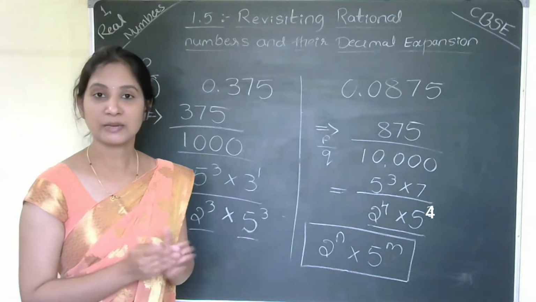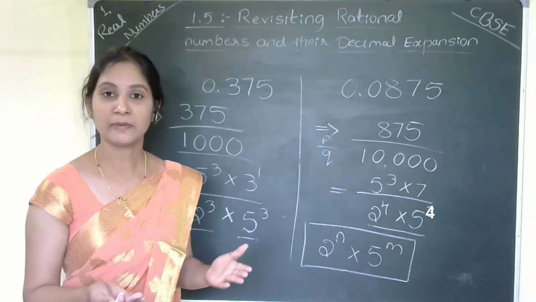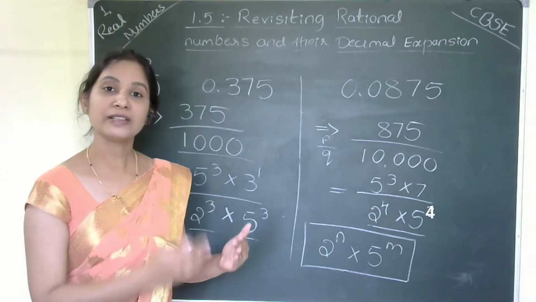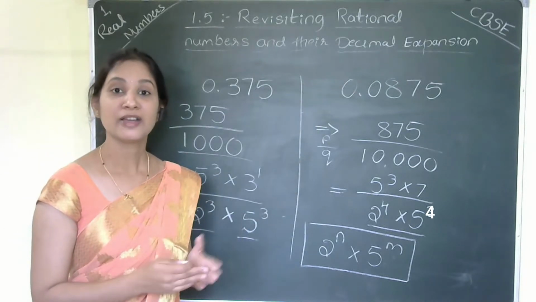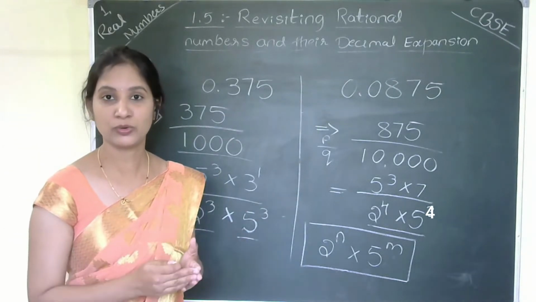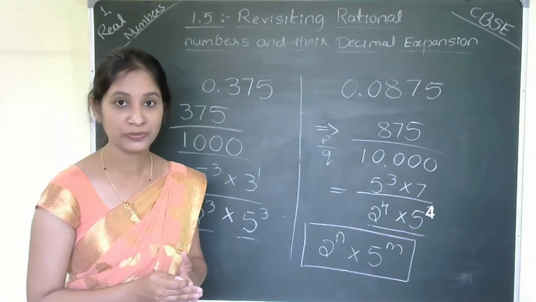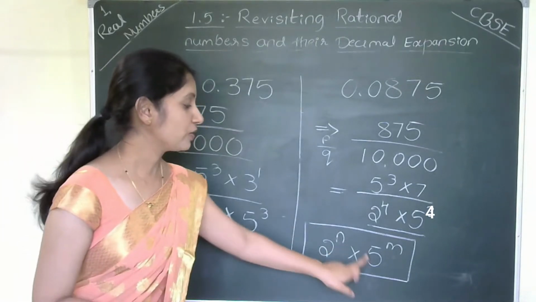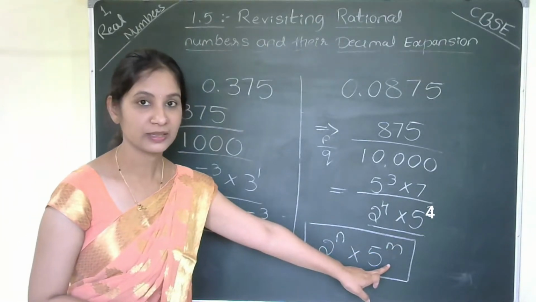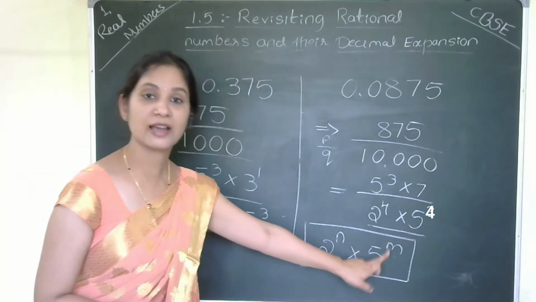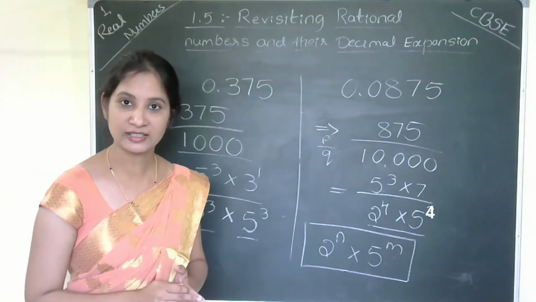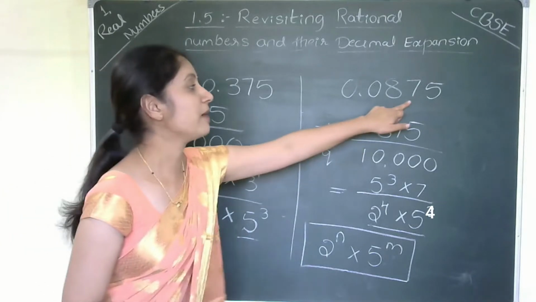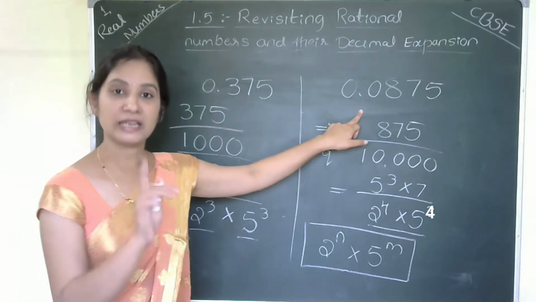Okay, the first theorem is like this, and the second theorem is the reverse of the first theorem. That means for any number p by q where q is not equal to 0, if q is of the form 2 raised to n, 5 raised to m, where m and n are non-negative integers, then the expansion is terminating.